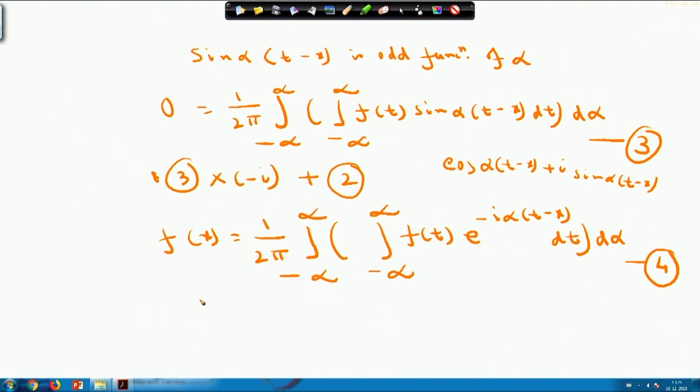This equation 4 we call the complex form of the Fourier integral representation.